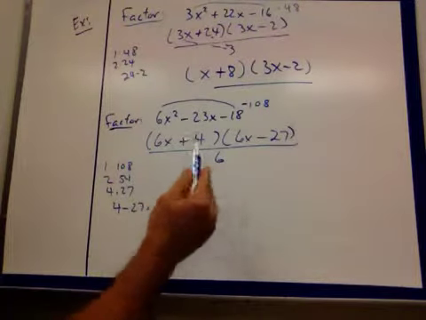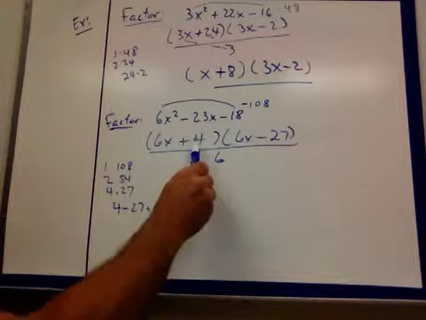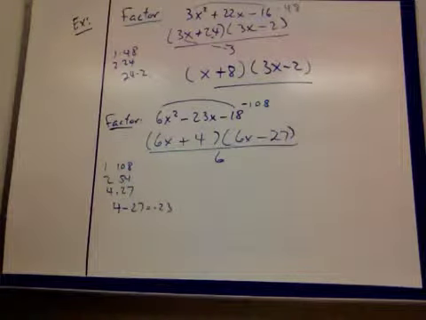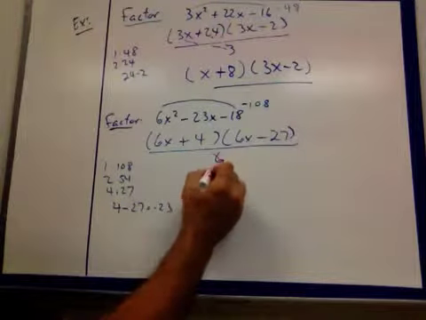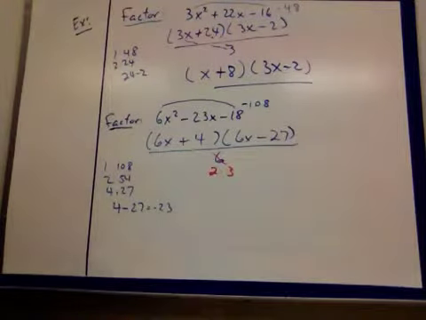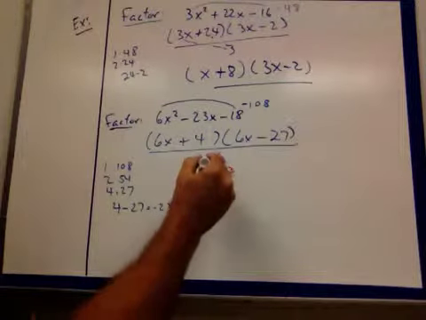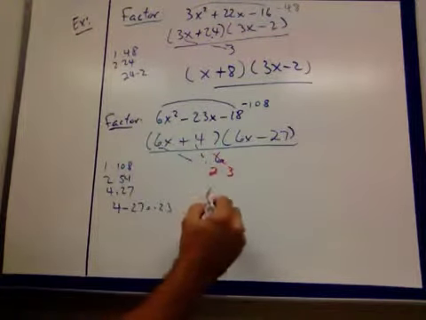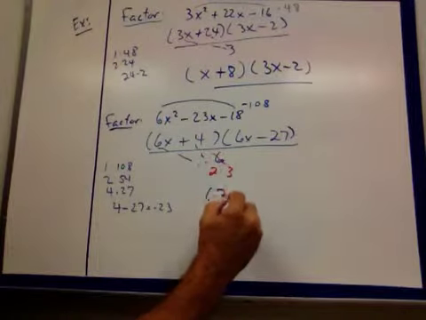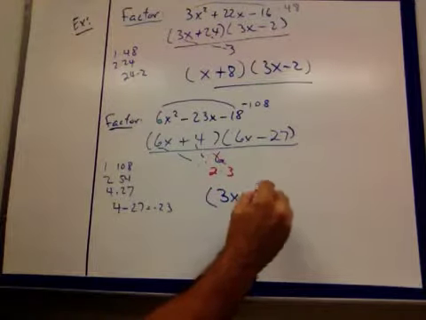So now I want to divide in the last step. Well, 6 doesn't go into 4 or 27 evenly. What do we do in that case? Well, when you get that, you just take this 6 and you split it up. 2 times 3 in this case. 2 times 3 is still 6, but notice the 2 goes into those 2 evenly. 2 goes into 6 evenly, that's 3x. 2 goes into 4 evenly, that's 2.